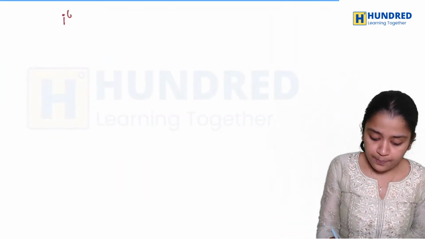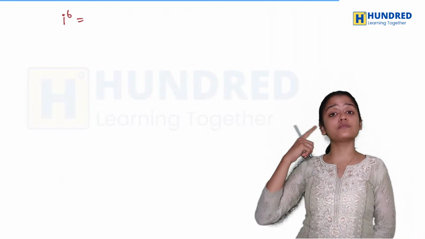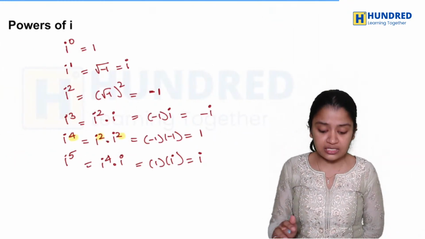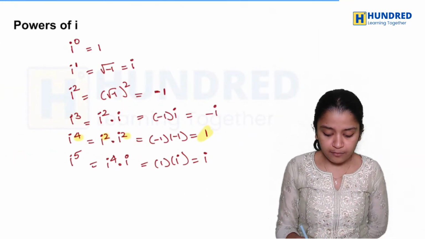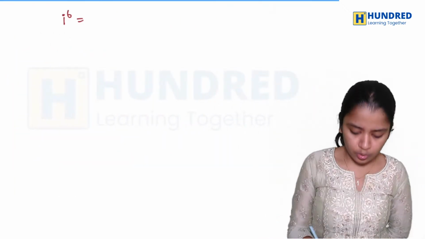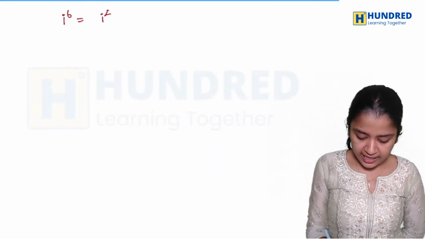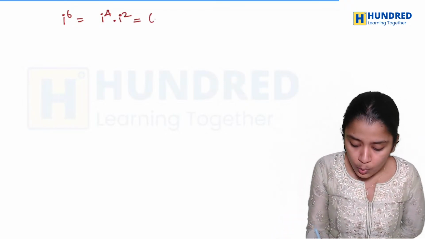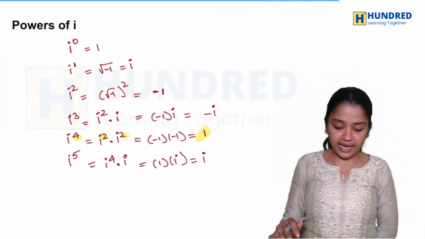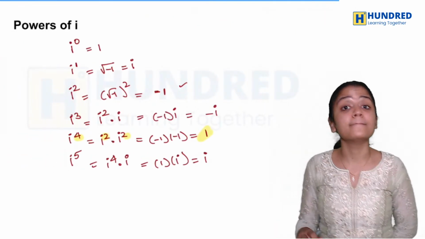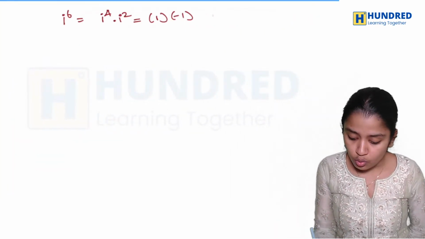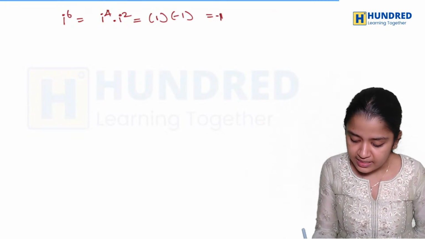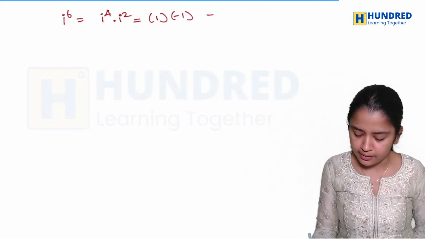Again I express it in terms of i power 4, because I know i power 4 is 1. So it is i power 4 into i square, which is 1 into minus 1, so my i power 6 is again minus 1.